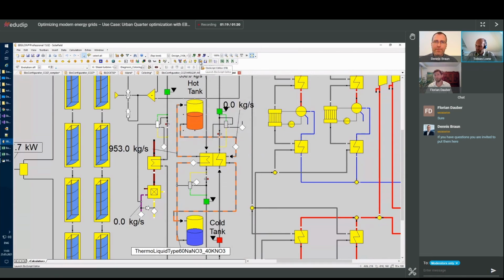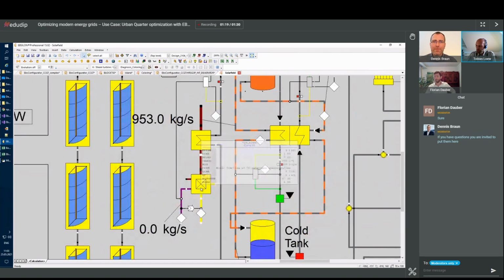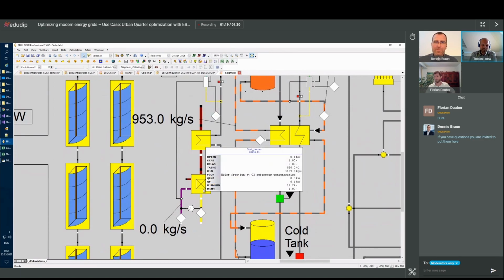And for the fossil part, we also have an additional heat source in here, which is simply a conventional burner, a duct burner with some heat exchanger and exhaust gas, and this will be switched on in case there is heat missing, or also during the night to keep the oil warm enough, or to speed up the startup process in the morning.